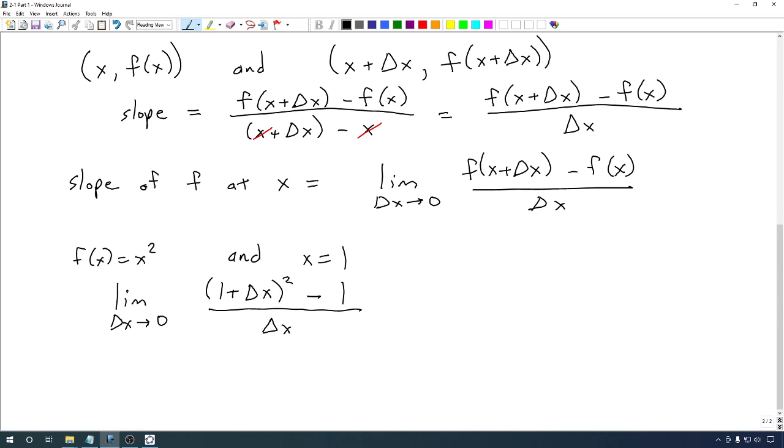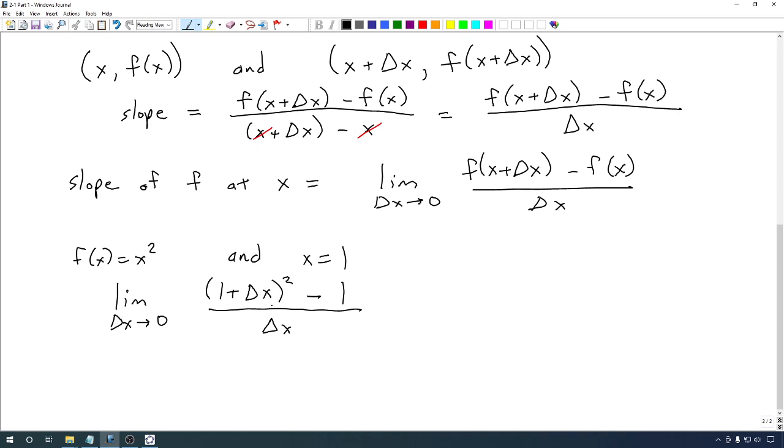What is this limit? We can't just plug in delta x equals 0, because that's not going to work. It's actually never going to work in any of these examples. We're always going to have to do at least something before we can proceed, because the delta x on the bottom is always there. What we're going to do is take this square of 1 plus delta x and expand it out.